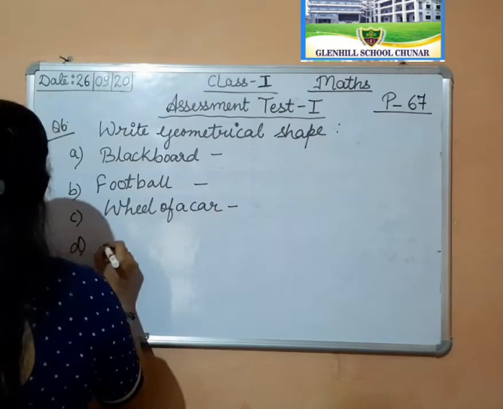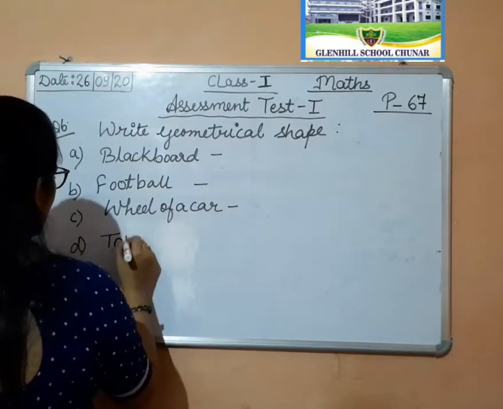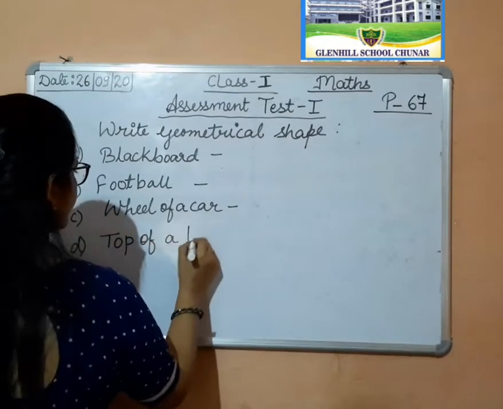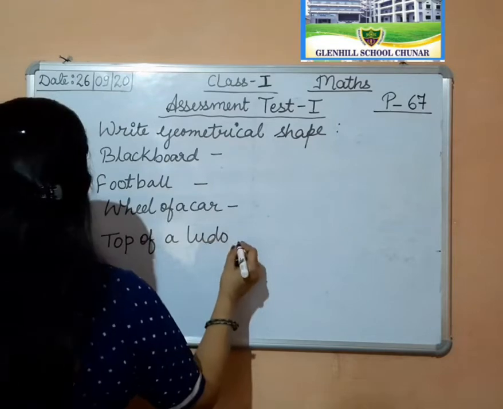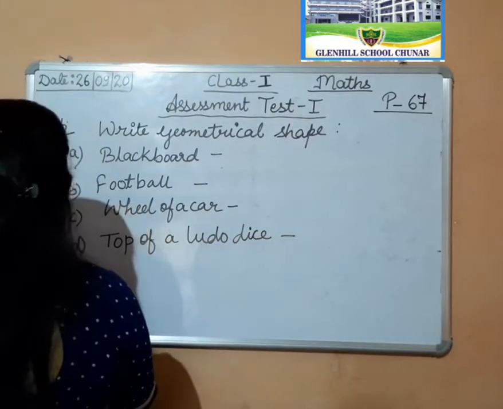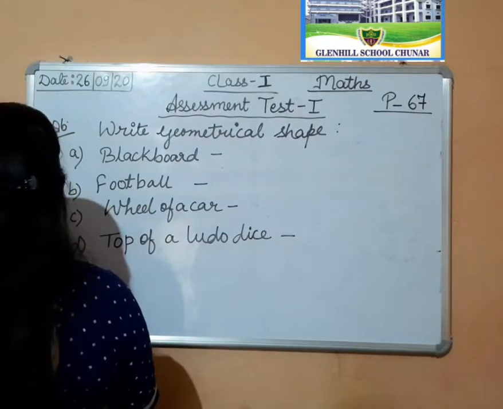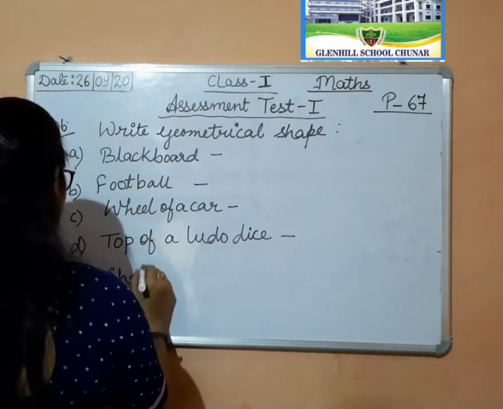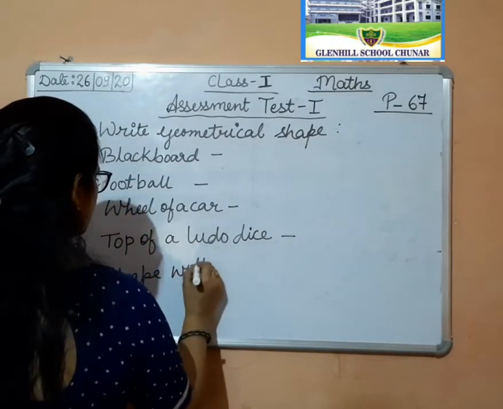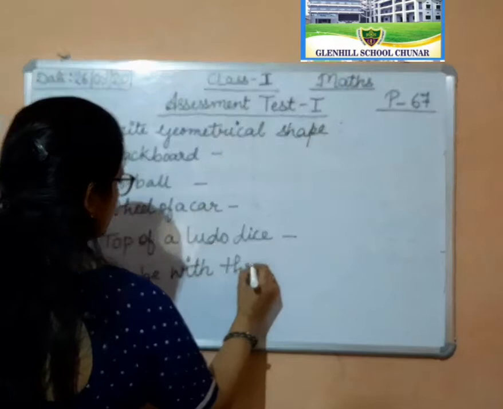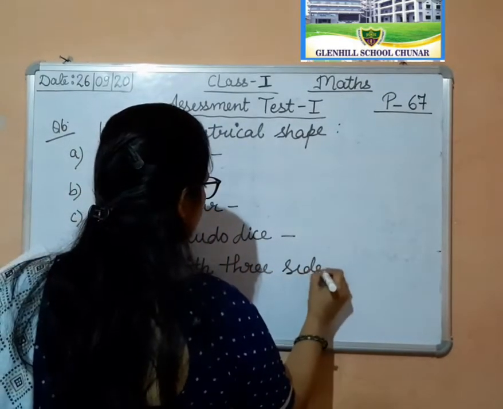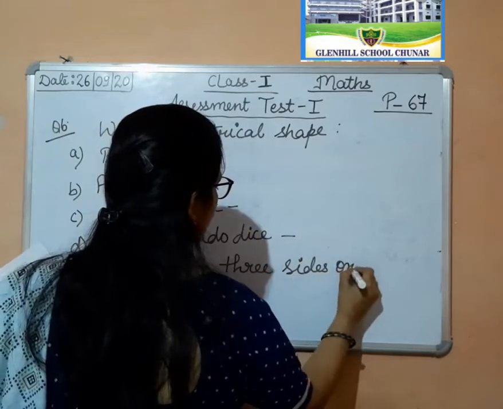Number D, top of a Ludo dice. Number E, shape with 3 sides only.